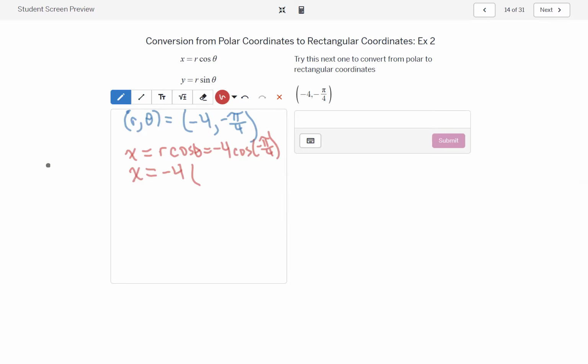We can see here that it's positive 0.707, and then I just have to remember that that 0.707 is square root of 2 over 2. So I used my calculator for an angle that was not a normal unit circle angle and still produced what the unit circle ratio would be. Then I can just finish the calculation. The divide by 2 into the -4 will give us -2 square root of 2.